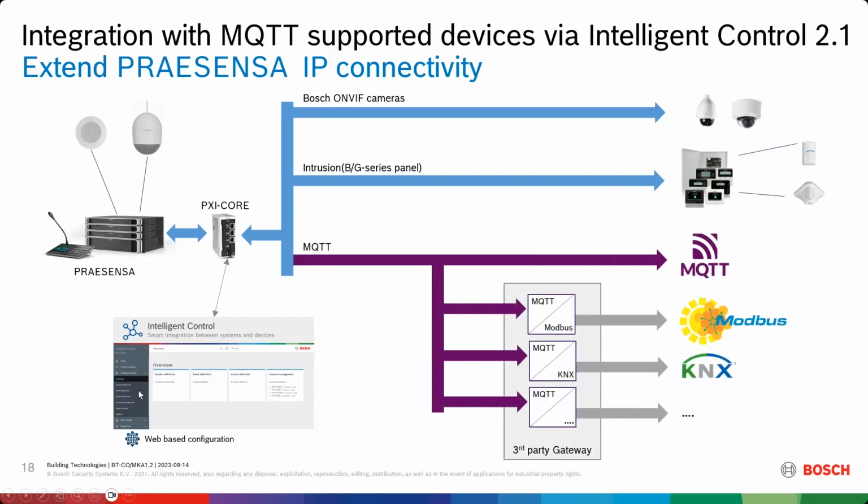What comes next with this 2.1 version, or what is there now, is that you can also have MQTT connectivity to this PXI-Core and to this intelligent control app. Another option, as I mentioned, is a third-party gateway. That's just a small box which can talk MQTT and convert that into other protocols.